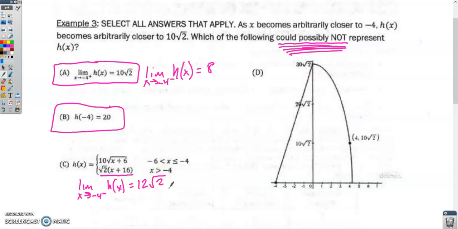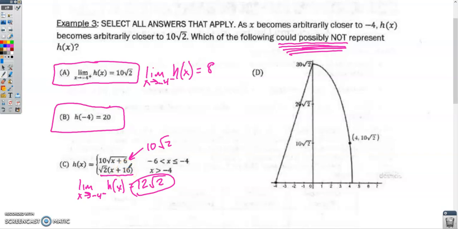So it's entirely possible that this is not h of x because, in fact, it's certain that this is not h of x because that alone does not approach 10 root 2. The other branch does approach 10 root 2 if I substitute negative 4 in there. But again, could possibly not represent.